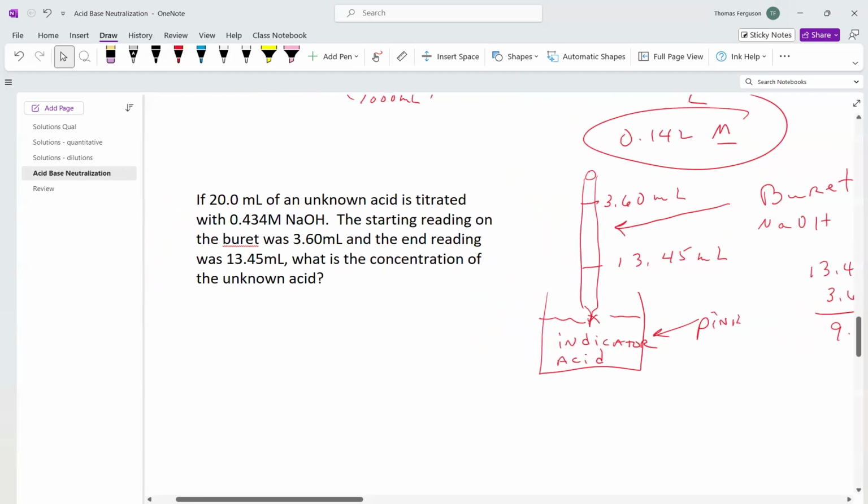All right. So step one is to determine moles of sodium hydroxide.